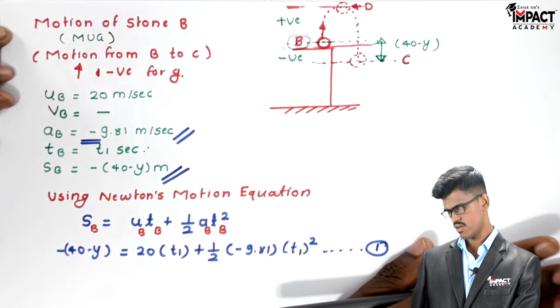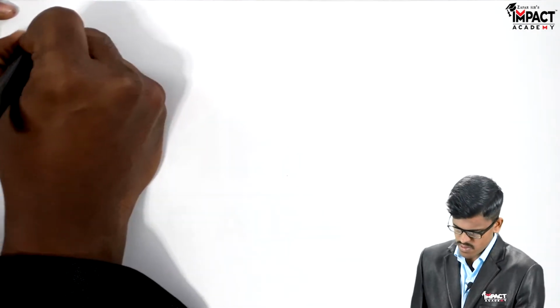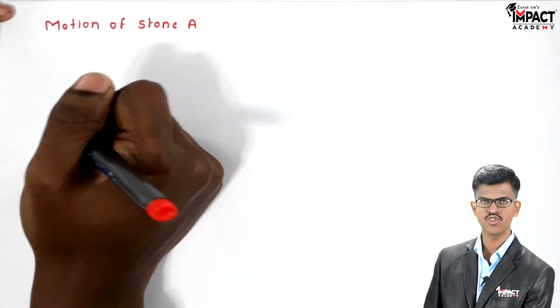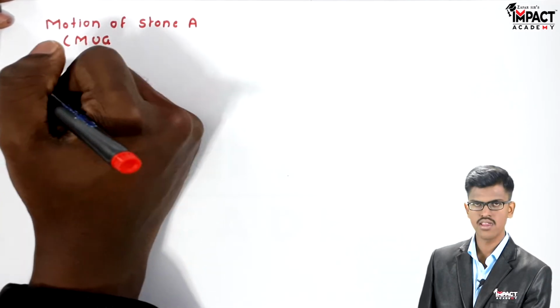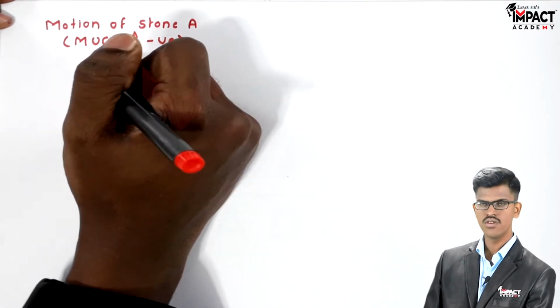Okay, now let's talk about the motion of stone A. It is a motion against the gravity, so we have to consider negative.